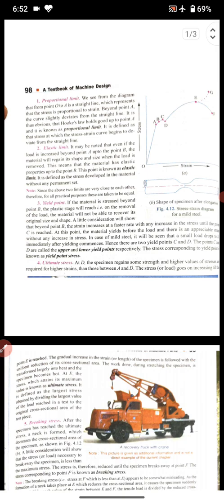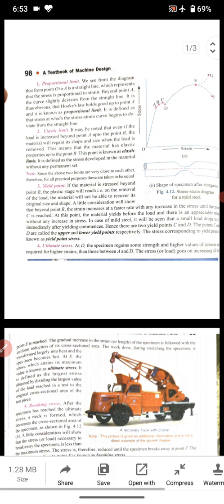It is obvious that Hooke's law holds good up to point A, and this is known as proportional limit, means stress is proportional to strain. That's why this name comes out, due to proportionality of stress to the strain.